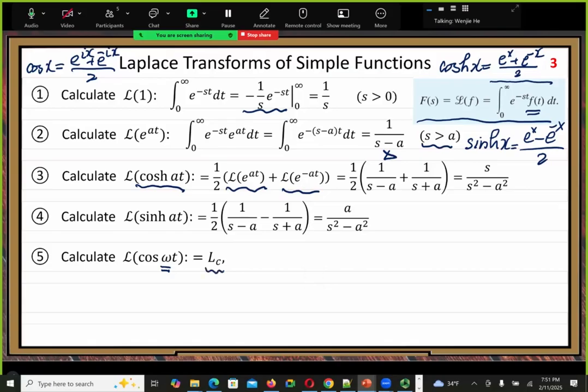So we introduce a notation L sub C as the result of the Laplace transform of cosine omega x. Then number 6, the sine version, we use L sub S. Because when we do the integration by parts, these two expressions are involved with each other.